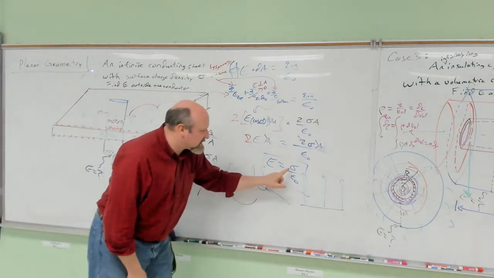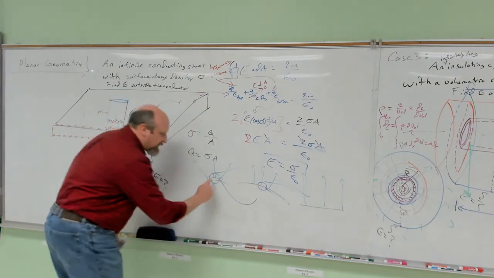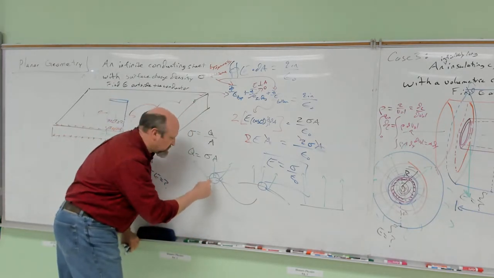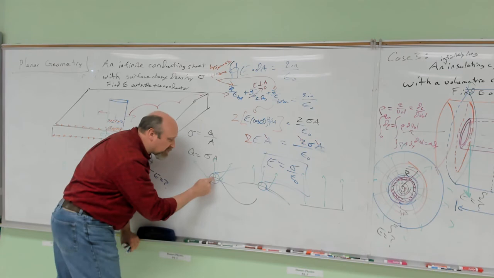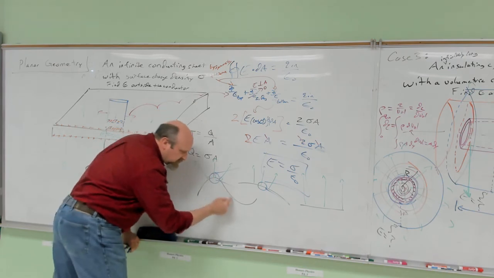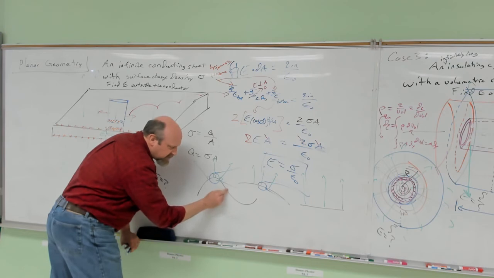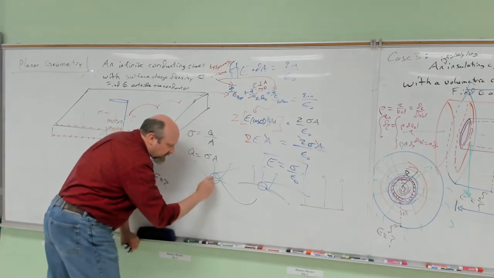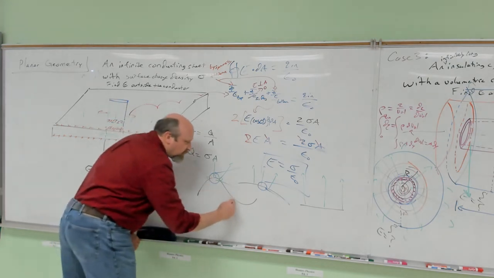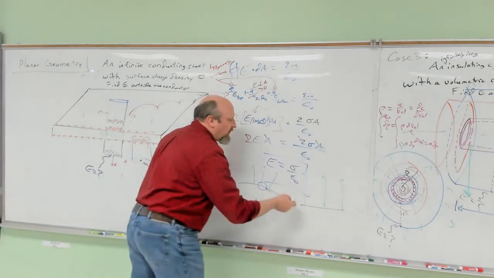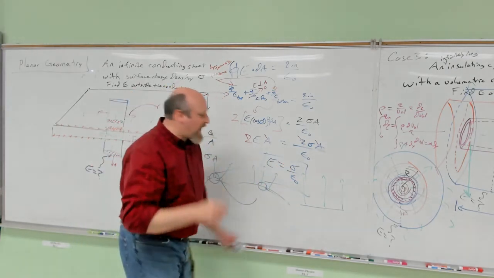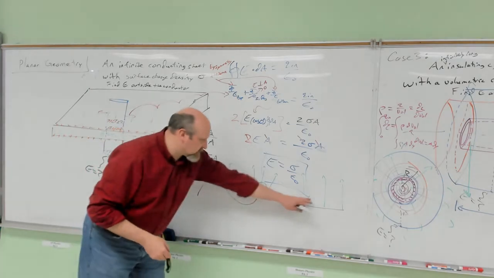But when I do that, the sigma is just the local sigma, the local charge density right there. I'll have different charge densities in different parts of this curve, right? It'll be a small charge density here, and a big charge density at high curvature, right? You get charge concentrated. But the point is, if I know the local sigma, I can divide by epsilon naught and I get the E field right next to the surface.